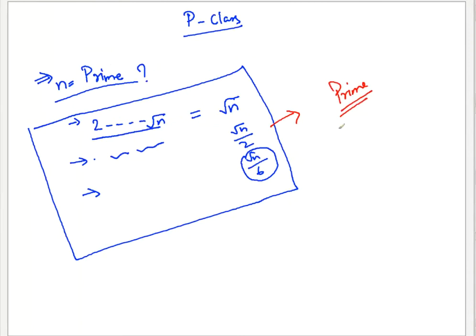Whenever I ask about the running time, you have to see what the input size is and what the running time is, and compare in that way. You have to tell whether prime is in class P or not based on this algorithm. You could have used 1 up to n by 2, or 1 up to n, all those algorithms are there. Does this algorithm say that prime is in P?